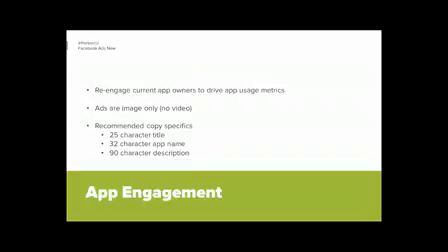The best way to utilize app engagement ads is by uploading a CSV or a text file of your current app audience and then creating a custom audience. We'll get into custom audiences a little bit later when we get to the audience targeting section. Different from app install ads, these are image only, so there are no video capabilities here. And these engagement ads also carry the same recommended copy specifications as the install ads.